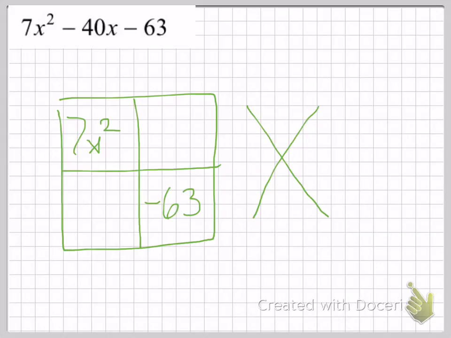Remember, with our x, we need a times c and our b value. 7 times negative 63. Now don't freak out, it is a large number. Minus 441. And then our b is minus 40.